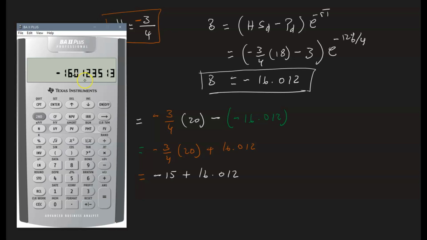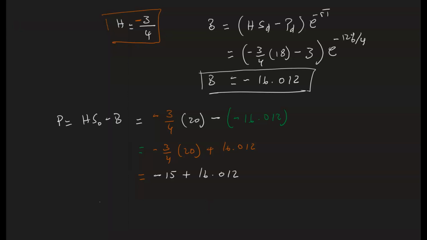I'm going to add 15 to that, and if I add 15 to that, I'm going to have 1.012. And so our put option price is going to be equal to $1.012.